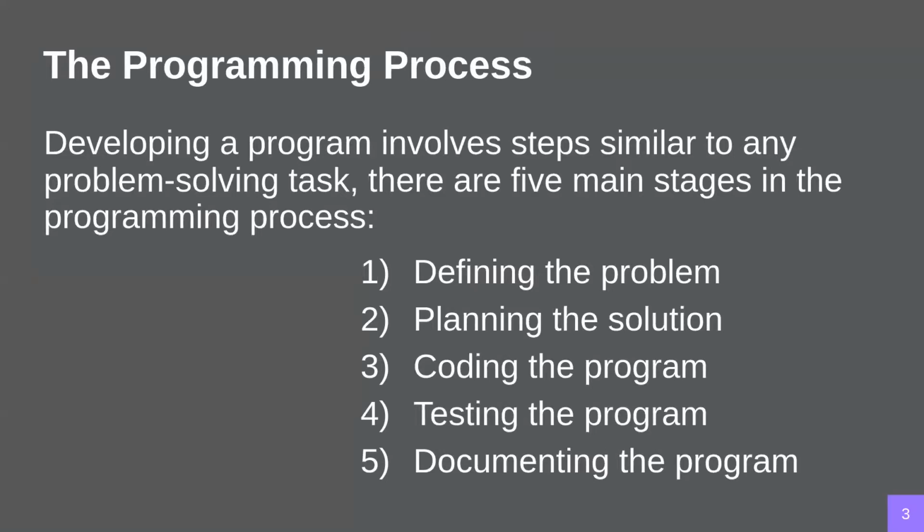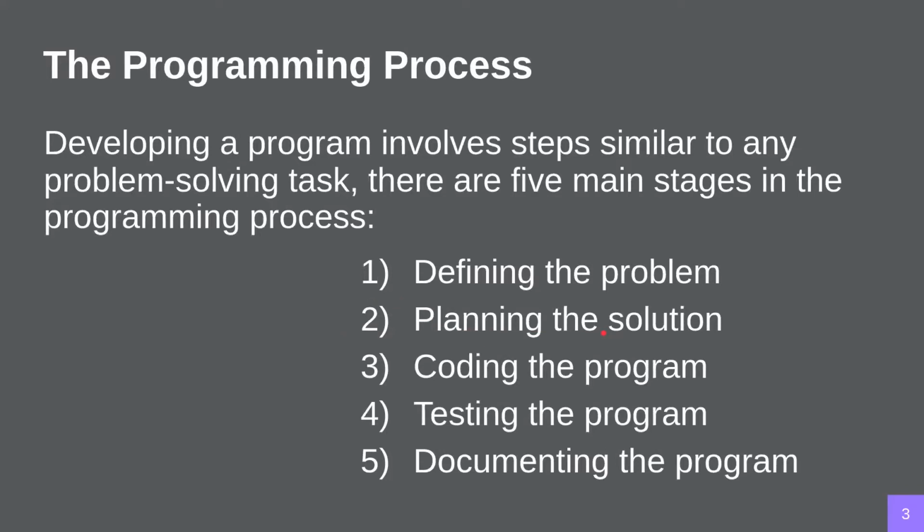The first stage is defining the problem. It's very difficult to solve a problem if you don't know what that problem is, so we need to define the problem before we try and solve it. Once we know what the problem is, we can move to stage 2, which is planning the solution.